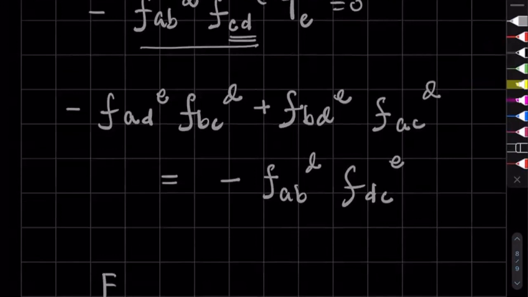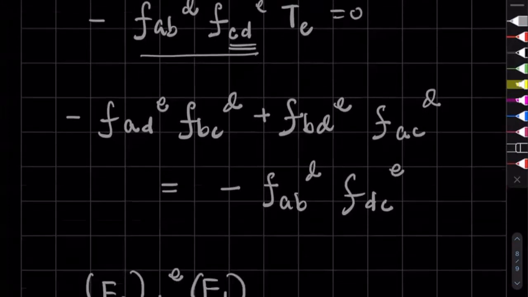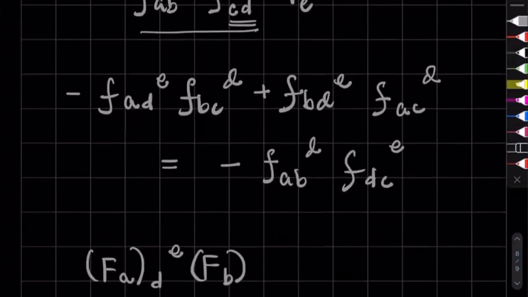We get the matrix f_A, its DE element, multiplying the matrix f_B. Sorry, it should be, hang on.